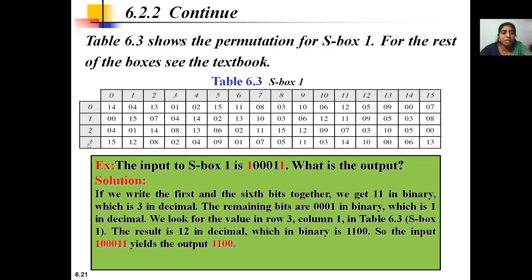So we have 3 and 1. The number value is 12 over here. This 12 can be written as 1100. So this 1100 is replaced in the 4-bit values. So from 6 bits we get the output as 4 bits.